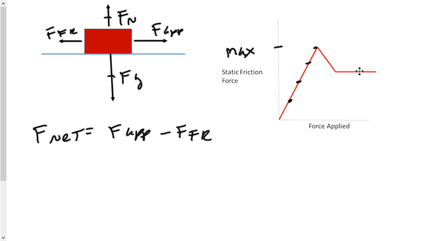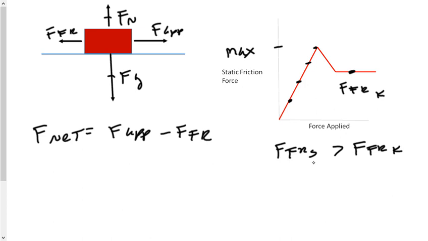We notice that the amount of force required to keep this thing going now is less. And this is going to be the force of friction, and I'll put a little sub k there, meaning the kinetic friction force. So force of friction static is greater than force of friction kinetic.